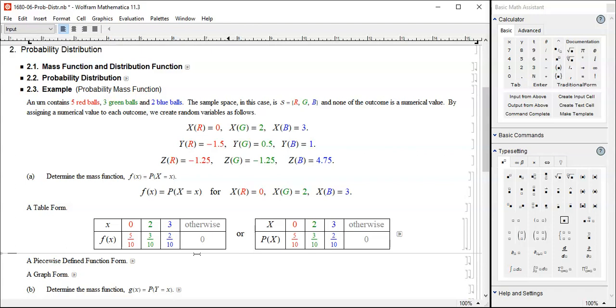Now this problem specifically asks you to use small f for the probability mass function. So I have small f of x here, but most typically you're going to use small p for probability mass function if specified otherwise.